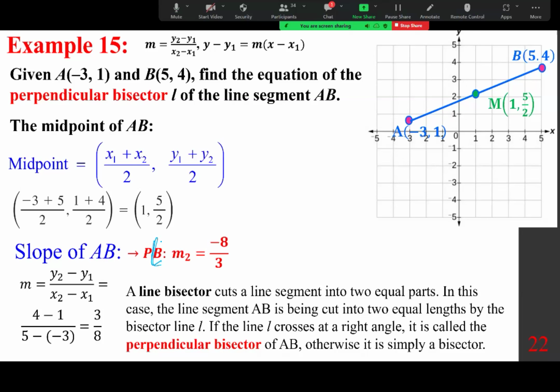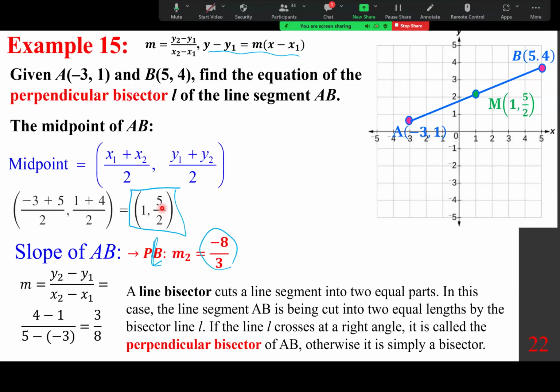The line L has the slope which is -8/3. So using this formula with this pair and this slope.